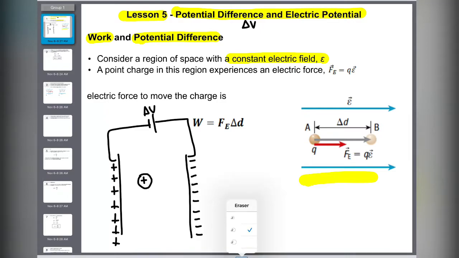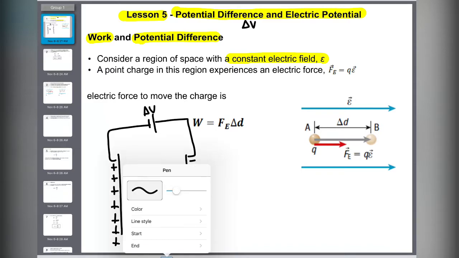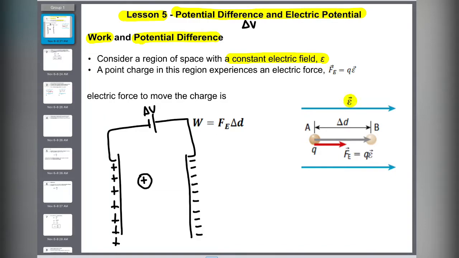The reason why I say that is, think of it. We've talked about that the field is going from positive to negative. So the field, which is the epsilon right here, this picture still has my epsilon going this way. The electric field is definitely going this way.